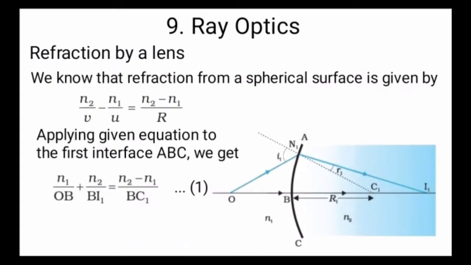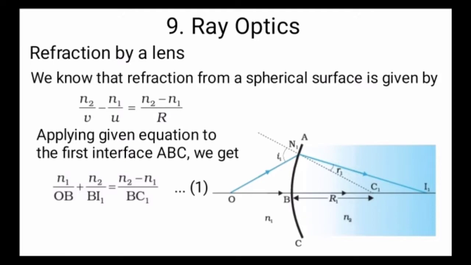We know that refraction from a spherical surface is given by n2 upon v minus n1 upon u is equal to n2 minus n1 upon capital R. Applying the given equation to the first interface ABC, we get n1 upon OB plus n2 upon BI1 is equal to n2 minus n1 upon BC1.